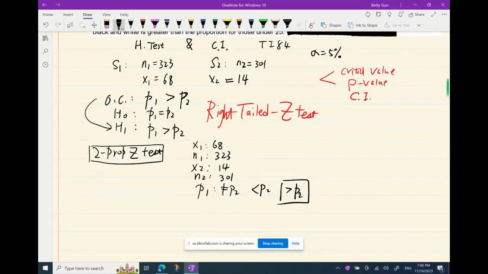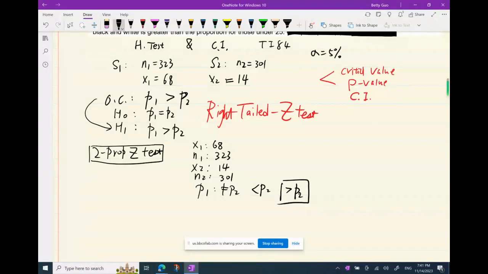Let me enter the values. x1 is 68, the number of successes in sample 1. n1, the sample 1 size, is 323. x2 is 14. n2 is 301.